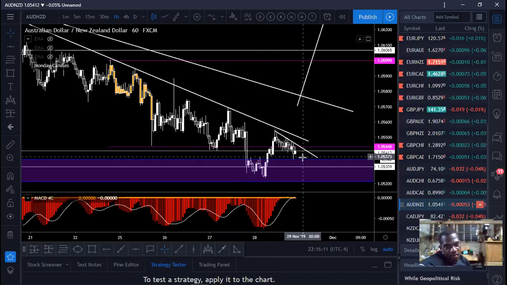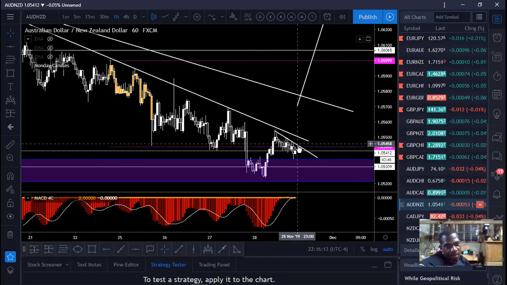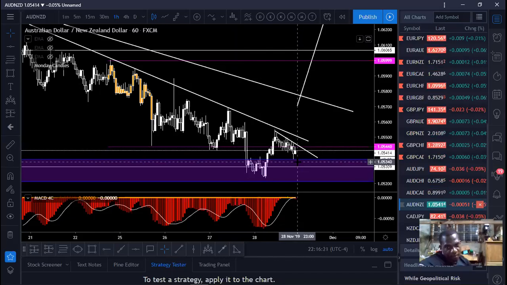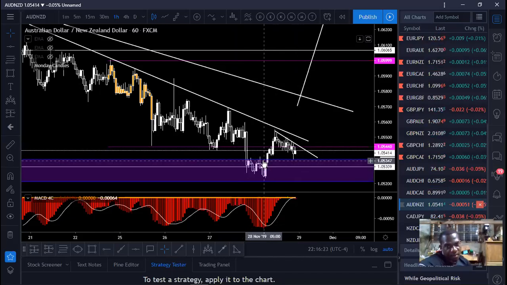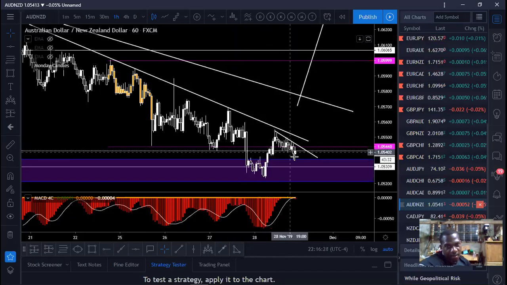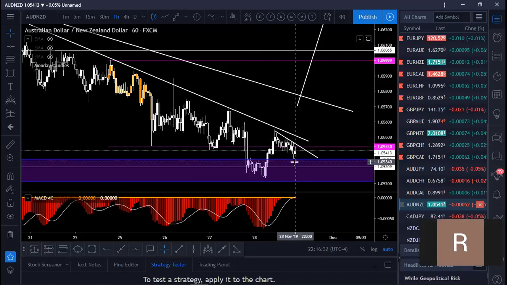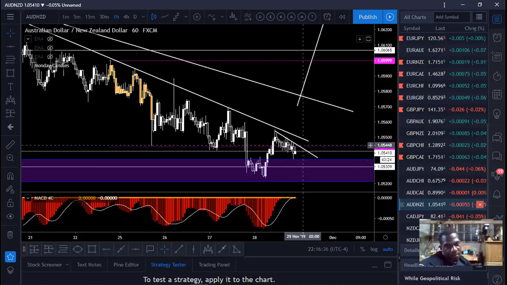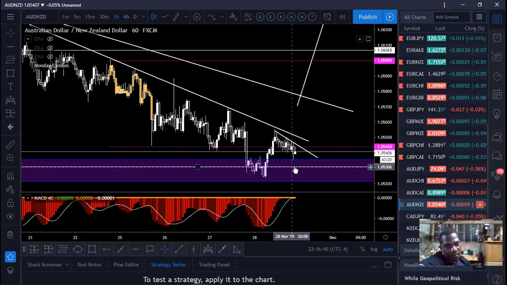So you could probably risk getting in when it breaks the trend line and put the stop loss underneath the flag. That's cool, because it broke back out of that zone with a nice candle and came back and retested it. Once it holds the zone and breaks the trend line, it goes up.